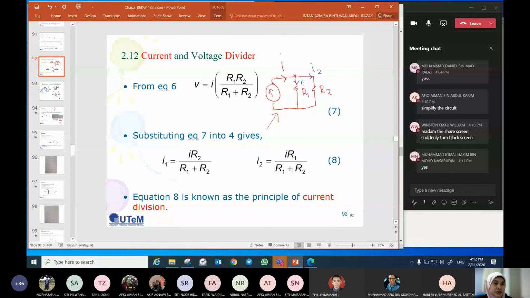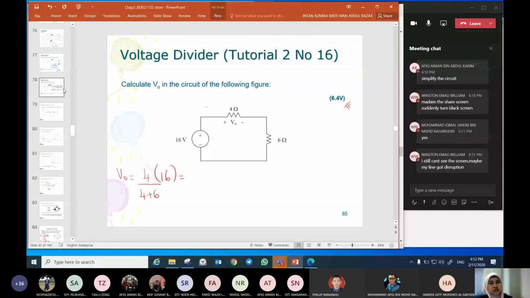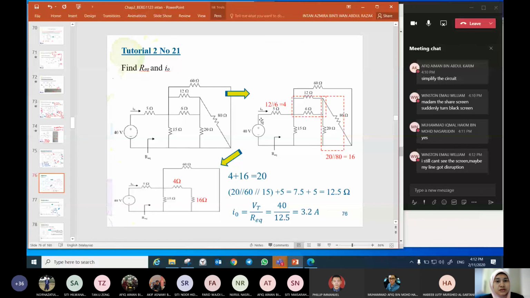Correct. Actually, that question is on only series and parallel. No need to use star delta. Series parallel, 21.